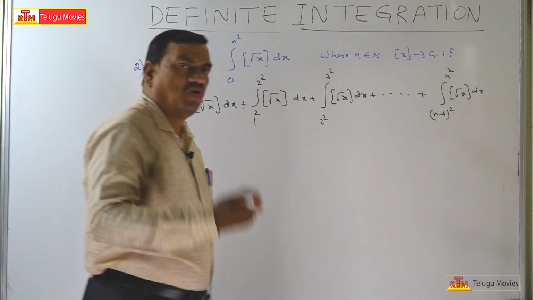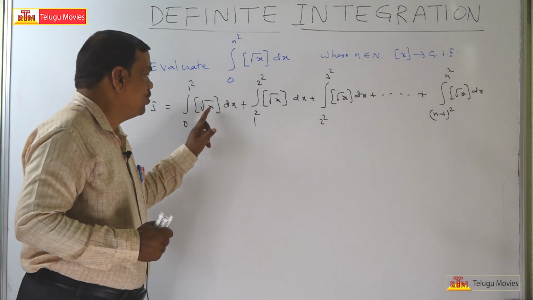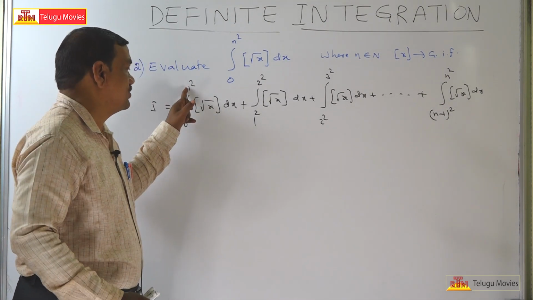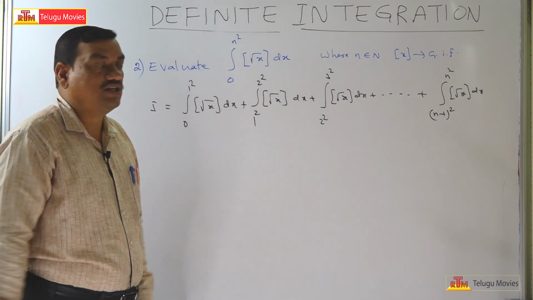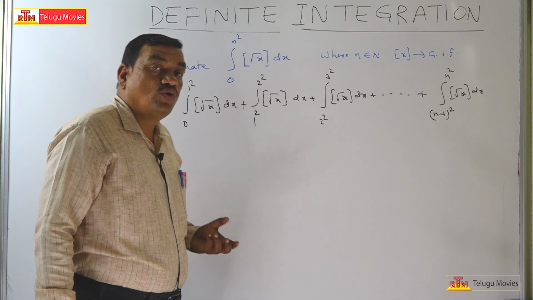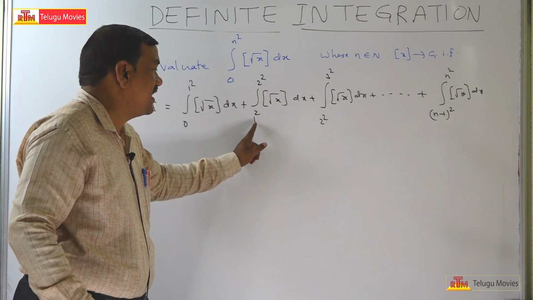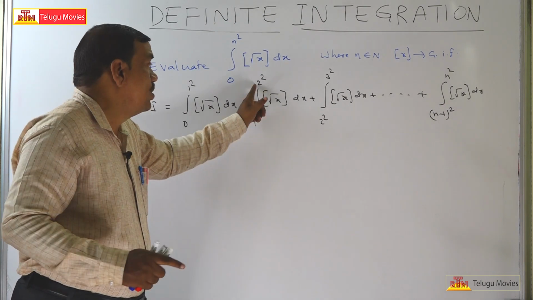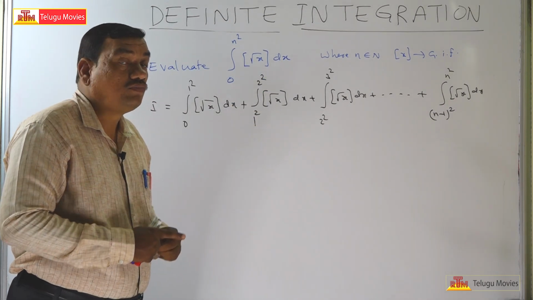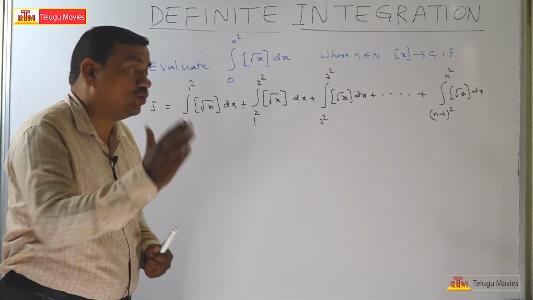So this is the first step that you should get an idea of. Why? Because here root x, x is 1 square, so root 1 is 1. Understand? So from 1 square to 2 square, root x value lies between 1 to 2, because root of 1 square is 1, root of 2 square is 2.